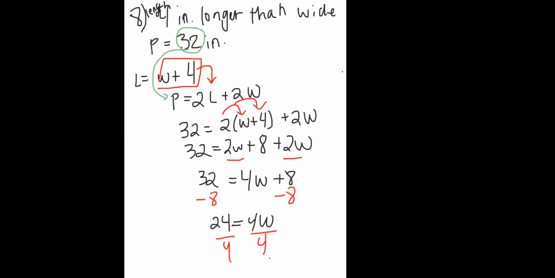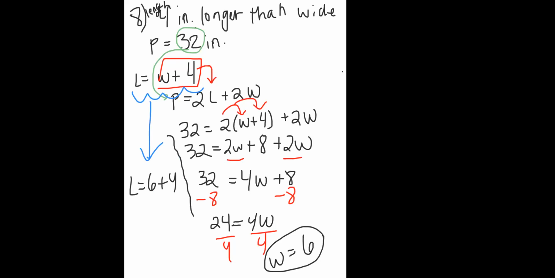So W is 6. But now we need to find the length too. So we already have the formula for length. You would have length equals 6 plus 4, which means the length is 10.